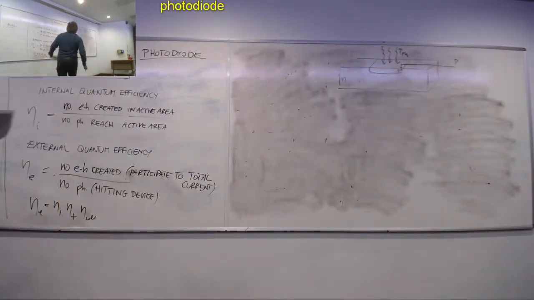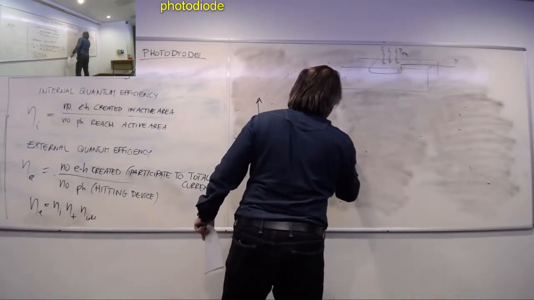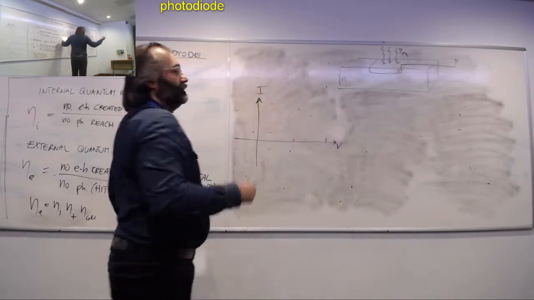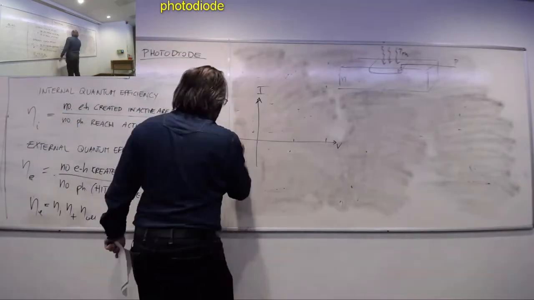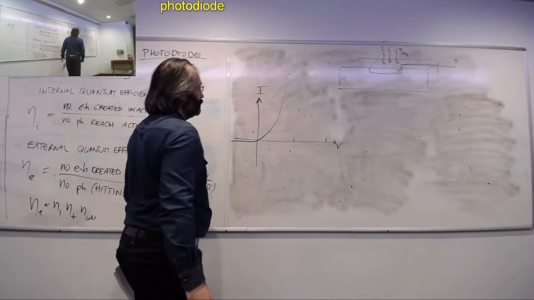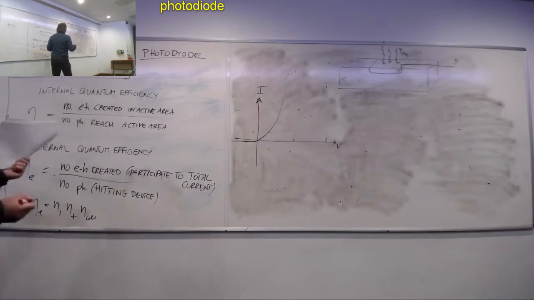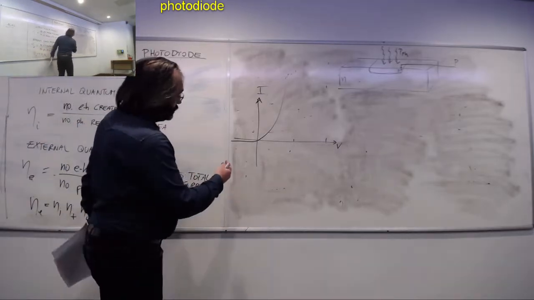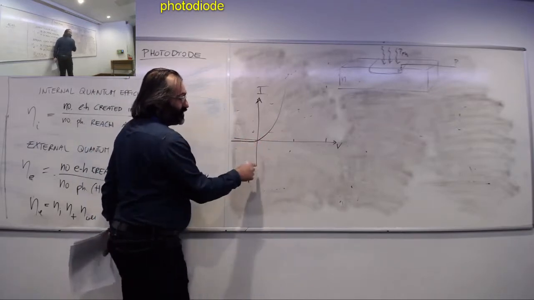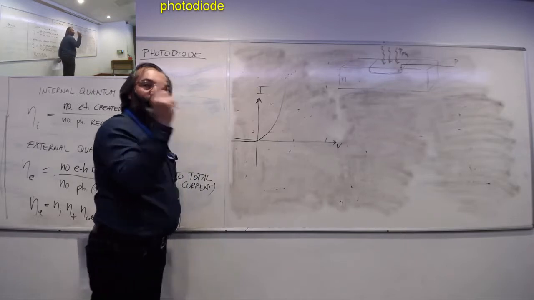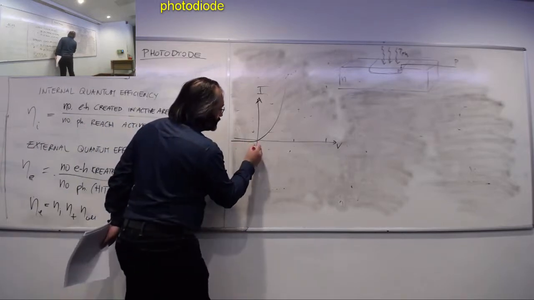Concluding, we realize that the IV characteristic of my photodiode, in the dark, is a pure PN junction. So in the dark it is what we know, like that. But if we start to shine light, when the voltage across the junction is zero, so when we are contemplating the short circuit situation and we shine light, we should see a negative current.